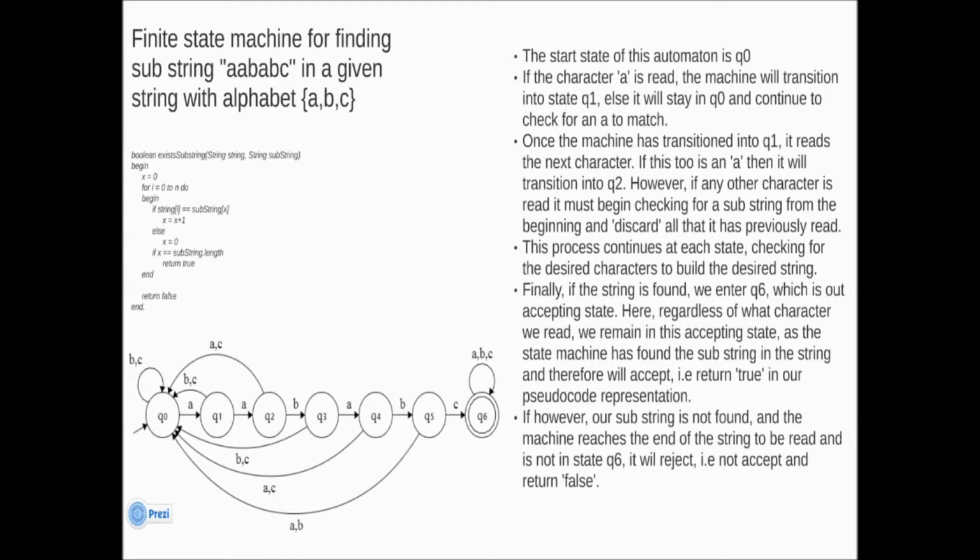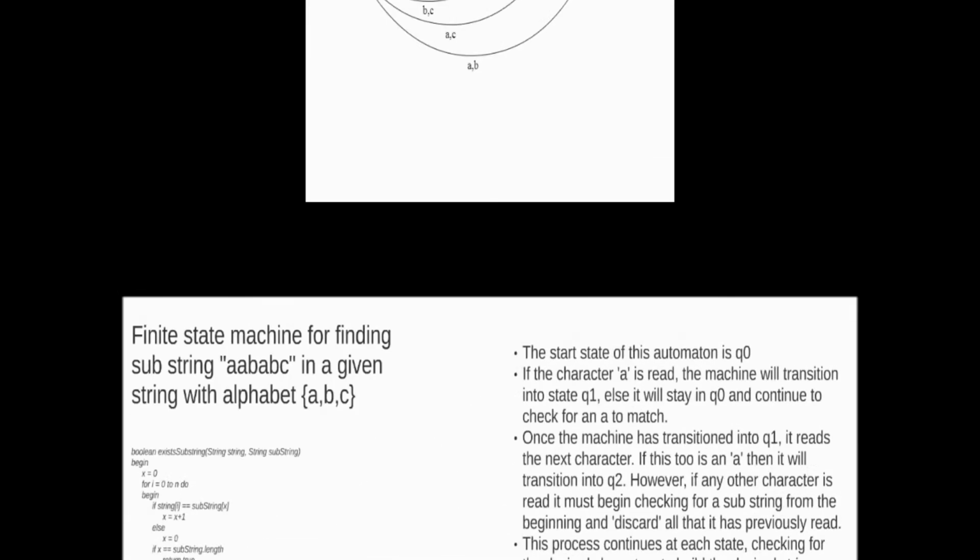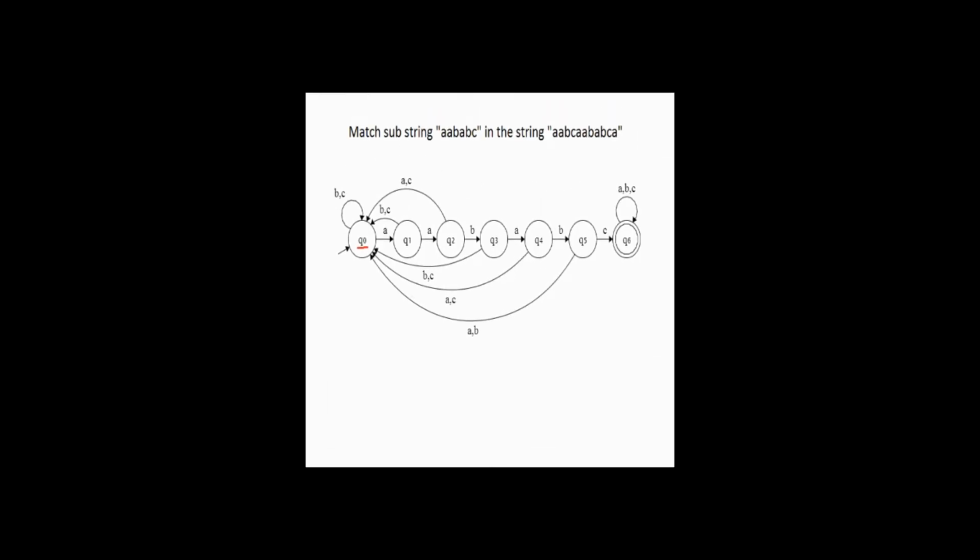Now I'll go through this process step by step with a given string. The start state is Q0, and we read the first character in the string and match it to the substring. Here it is an A, so we transition to Q1. Now we're in Q1, and we read the second letter of the string, which is also an A, so we transition to state Q2.